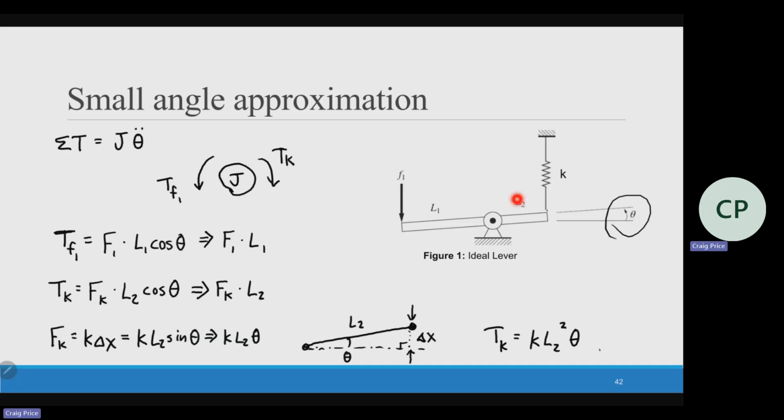And the units of this are going to be Newton meter. So this is newtons per meter. We have meters squared, so that gives us Newton meters. The radians go away. Questions?